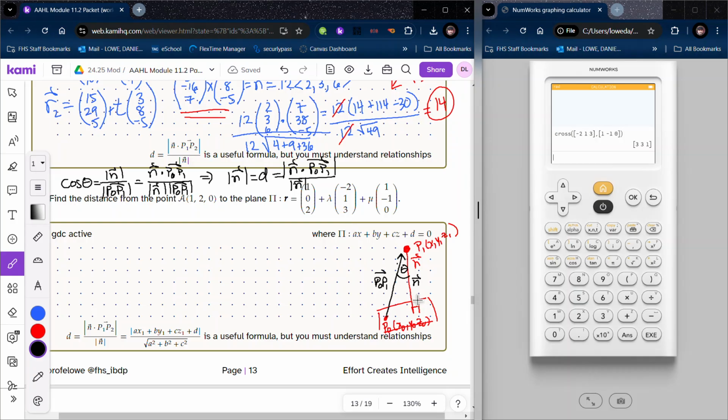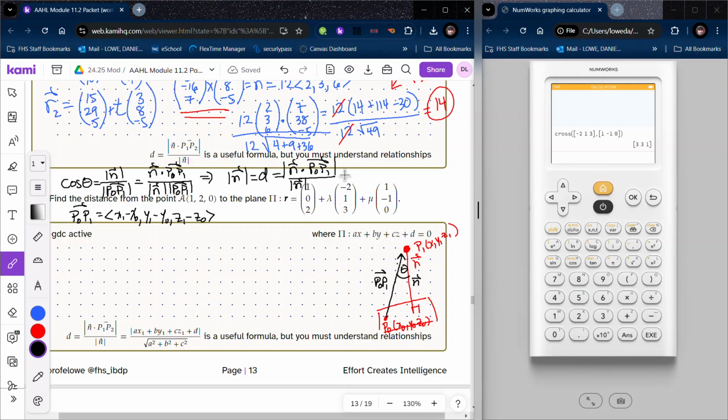Okay. Now, what is the directionality of P naught to P1? That's nothing more than x1 minus x naught, y1 minus y naught, and z1 minus z naught.